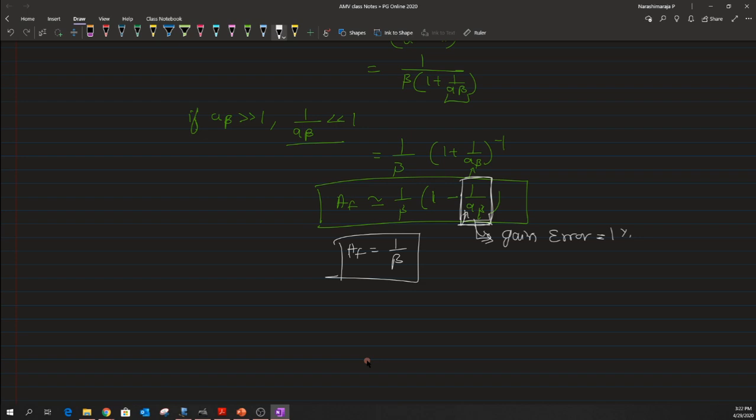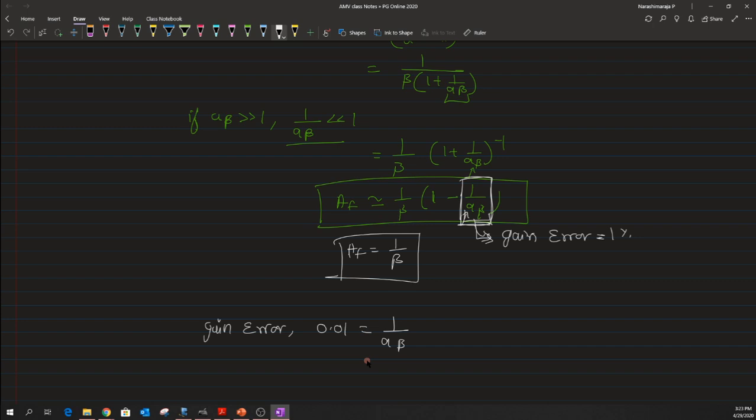Now from here one could write the requirement or specification that this gain error we want to restrict to 1%, which means it is supposed to be equal to 0.01, and in order to have this 0.01, we want some factor of A such that we can achieve this.